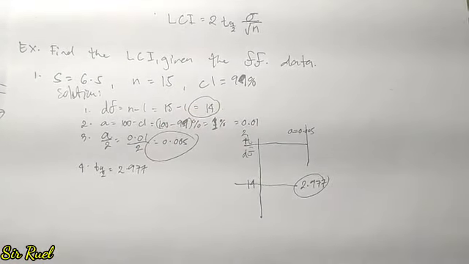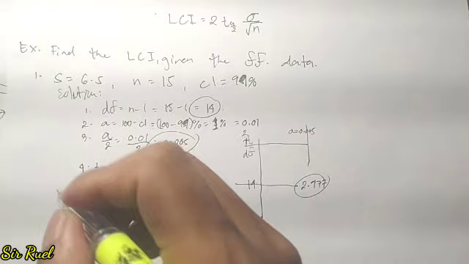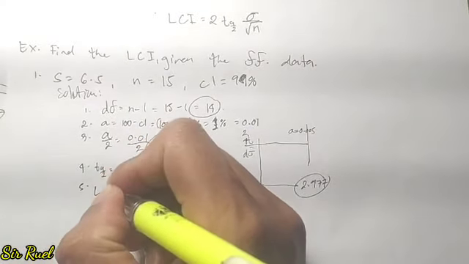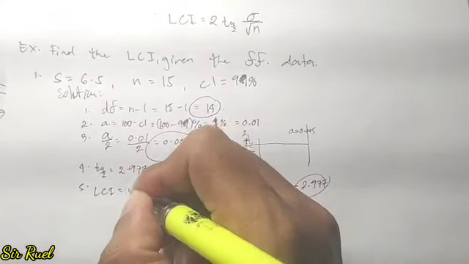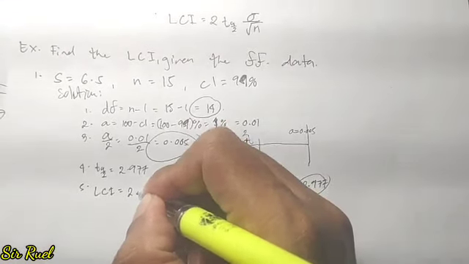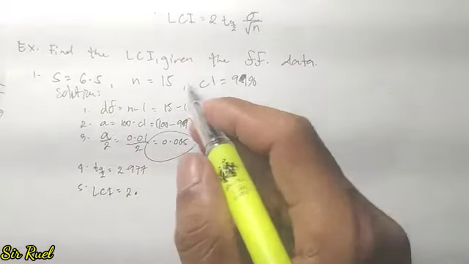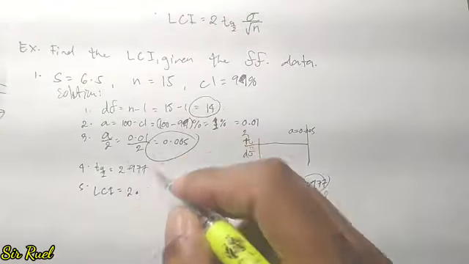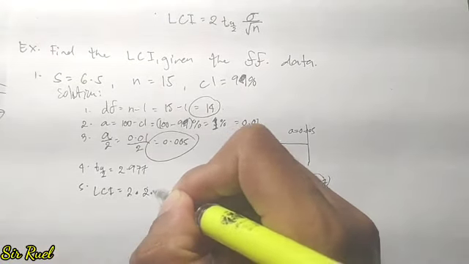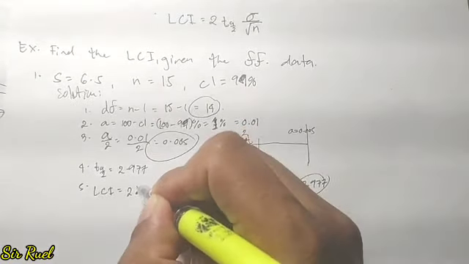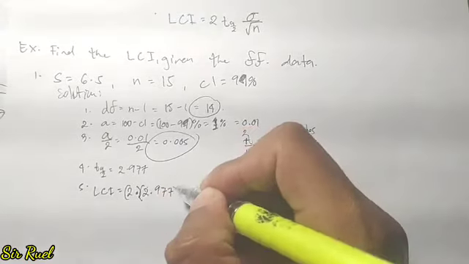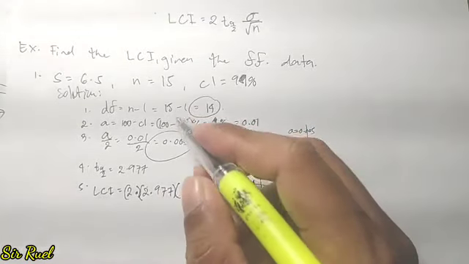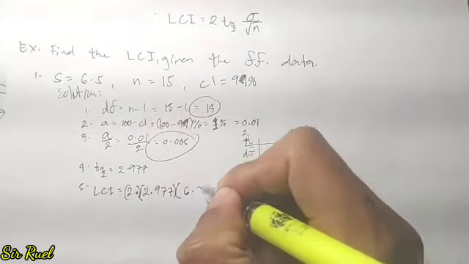Okay, so kompleto na yung given natin. All we need to do is substitute it in the formula. Length of confidence interval is equal to 2 times... ay, mali. Yung t pala muna, which is 2.977. Parenthesis lang natin para hindi sila magkatabi. Times 6.5.